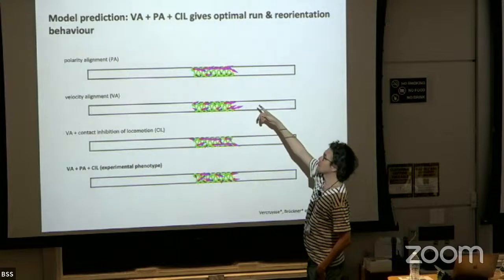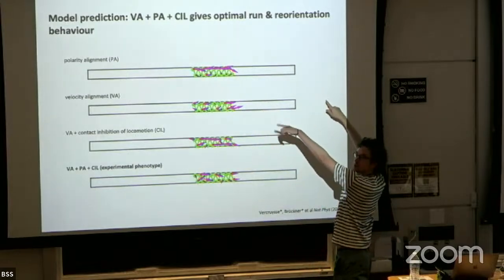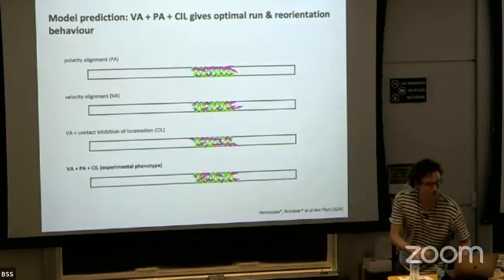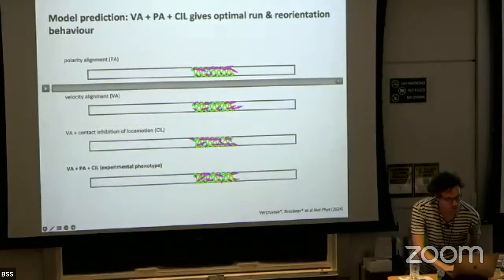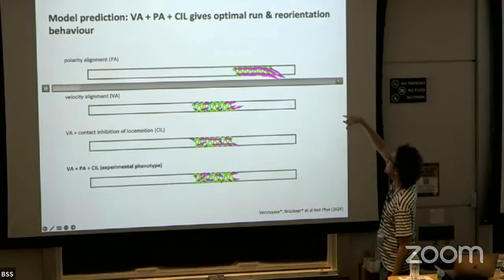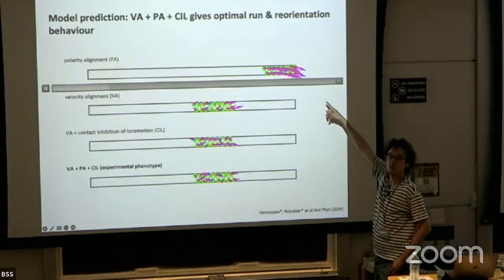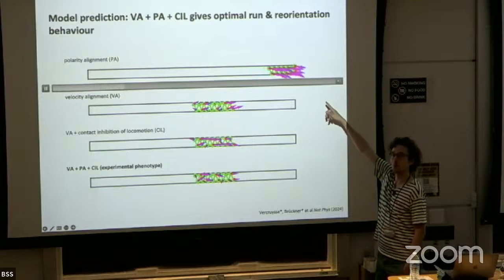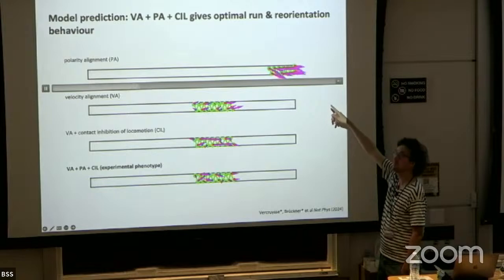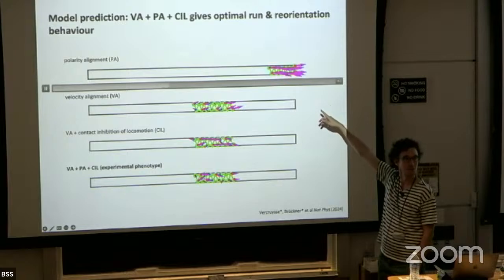If you think about having polarity alignment alone, and now I'm going to simulate closed channels, so my channels are not infinite, they're closed. With only polarity alignment, polarity can go in any direction. It's going to go here and get stuck forever, because these cells are perfectly happy like this. They only care about polarity, not velocity. Their polarities are aligned, so they're going to bump against that wall essentially forever.